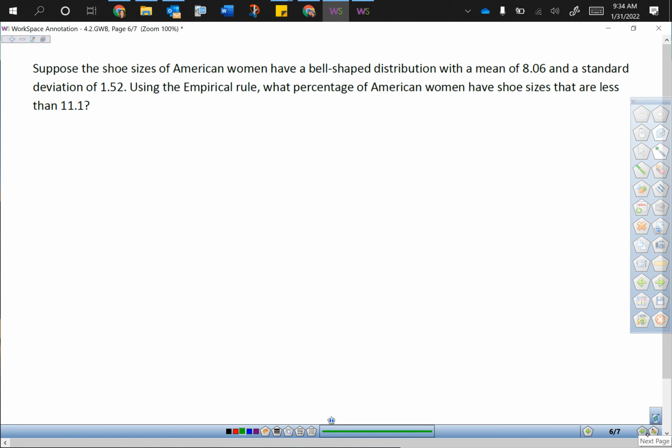Suppose the shoe sizes of American women have a bell-shaped distribution with a mean of 8.06 and a standard deviation of 1.52. Using the empirical rule, what percentage of American women have shoe sizes that are less than 11.1? So, again, they say using the empirical rule, they tell you it's a bell-shaped distribution. Let's sketch that out.